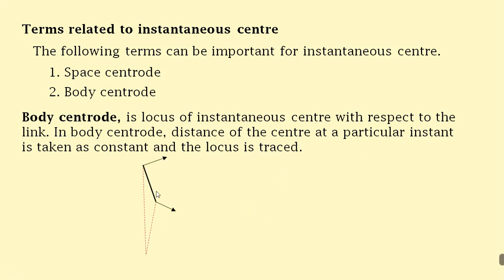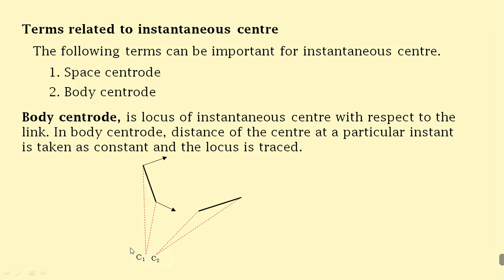The same example: I'm considering the same link with velocity directions during the combined effect of rotation and translation. C1 is the first instant location, and in the second instant this distance we need to make constant. That is why I have represented it with the same red color. By keeping these two distances, I can assume the radius of rotation as constant, then the point will change to C2.